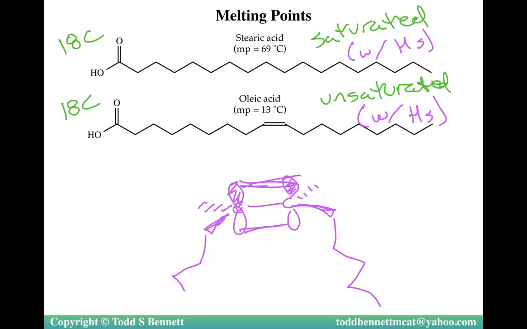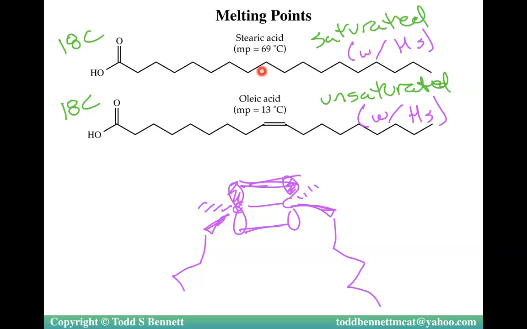So if you have a cell membrane that contains a lot of pi bonds in the fatty acid, it's going to not pack as well. That cell membrane is going to be a lot more fluid. So for instance, a muscle cell would want to have some of those pi bonds. But if you have no pi bonds, it's all sigma bonds, then they're going to knot together, tie very tightly with one another.